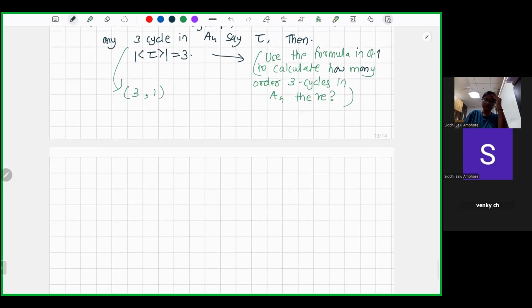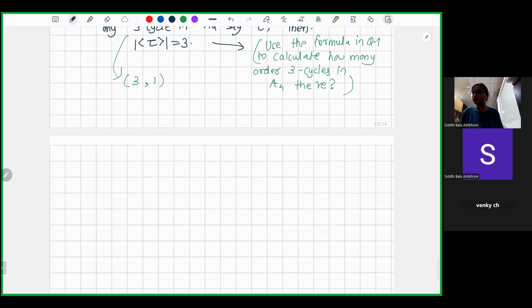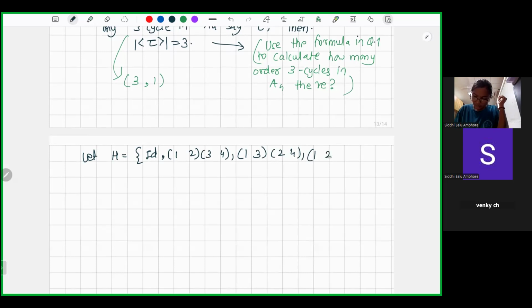And now the last one, we have to find the group of order 4 there. So let H be this group, this set: identity, 1 2 3 4, 1 3 2 4, and 1 4 2 3.